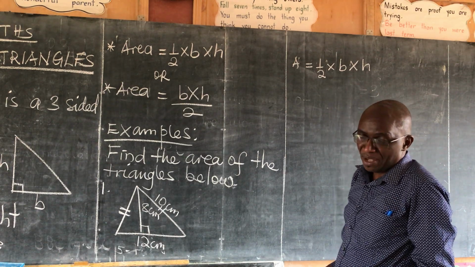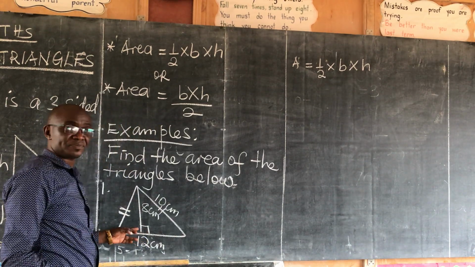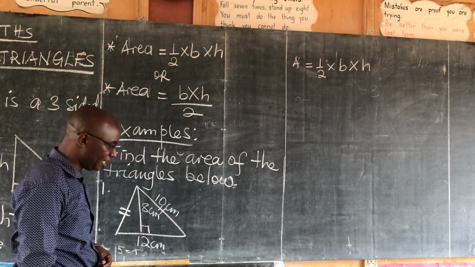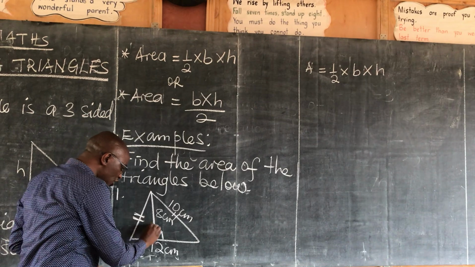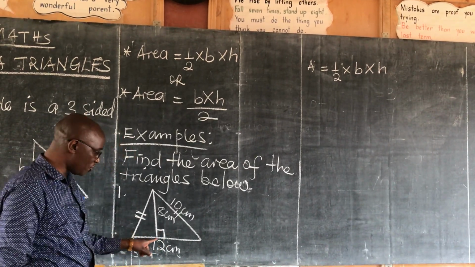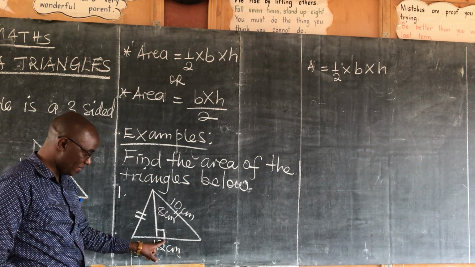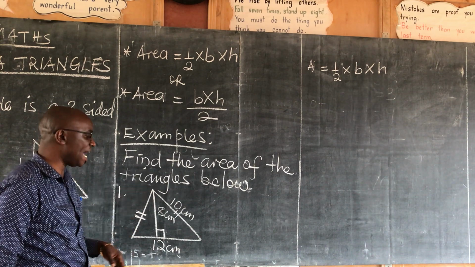How do we determine the base of the triangle? When you look at this example we have here, some people tend to think the position of the base and the height is determined by this right angle. Where you find the right angle is where you find the base and the height.